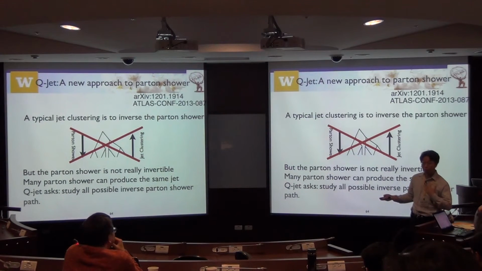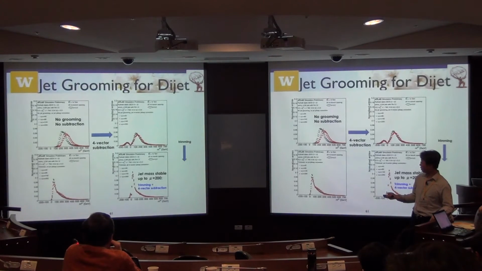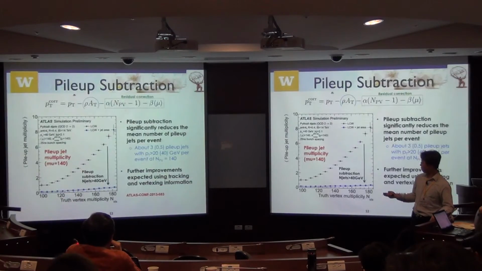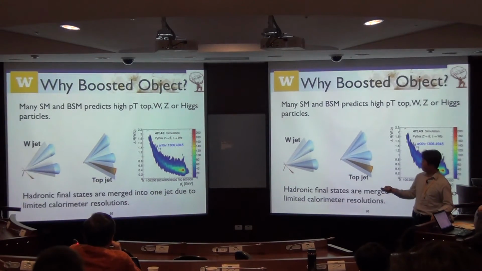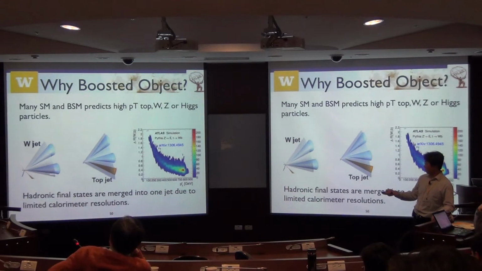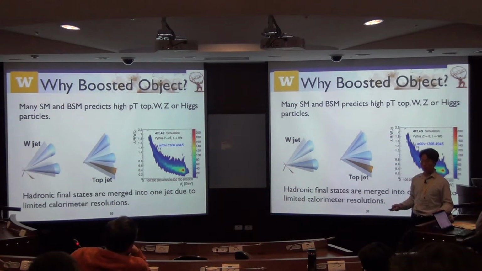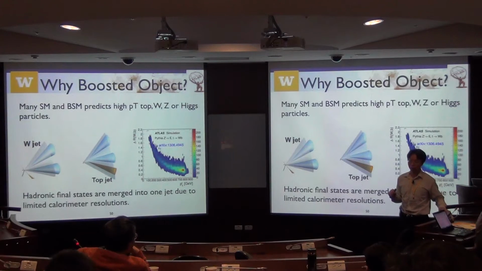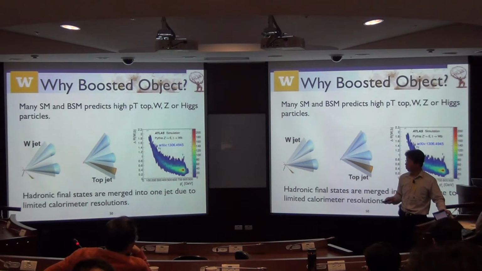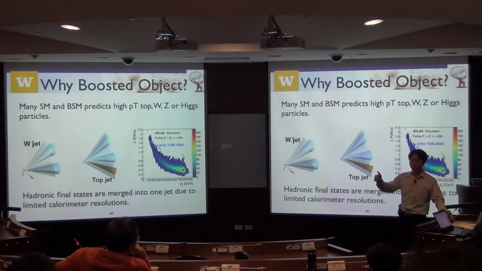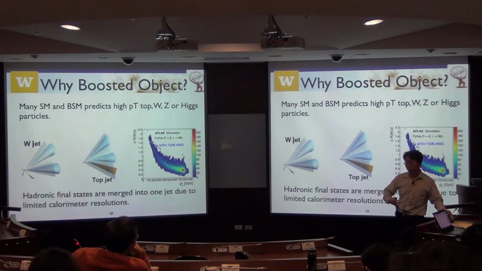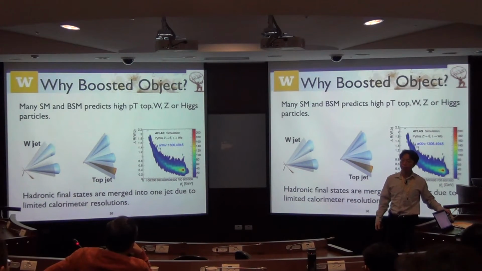And in new physics searches, what I am really intrigued to do I will mention more tomorrow. The reason why you could have highly boosted W or top is that you could have standard model sources, but there are many Beyond the Standard Model theories that predict this kind of high PT, highly boosted object. So we have a new tool that, if we can further improve the discrimination from the QCD background, we can make the discovery early.